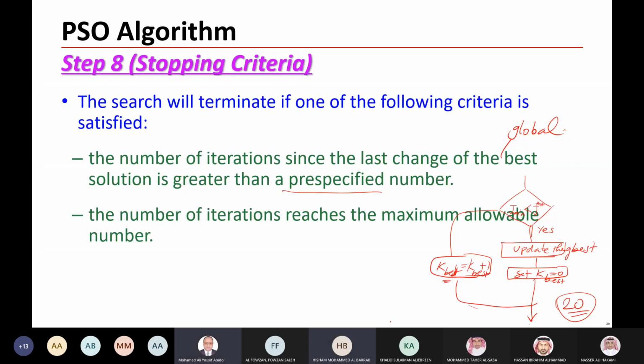You can, but we don't want to generalize things. It depends on the specific problem. Usually in the optimization literature, you have benchmark problems, very difficult optimization problems.